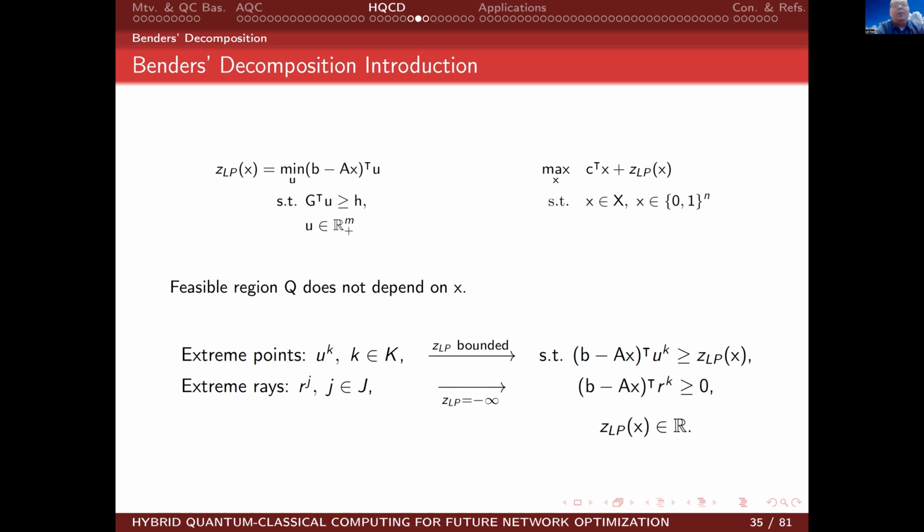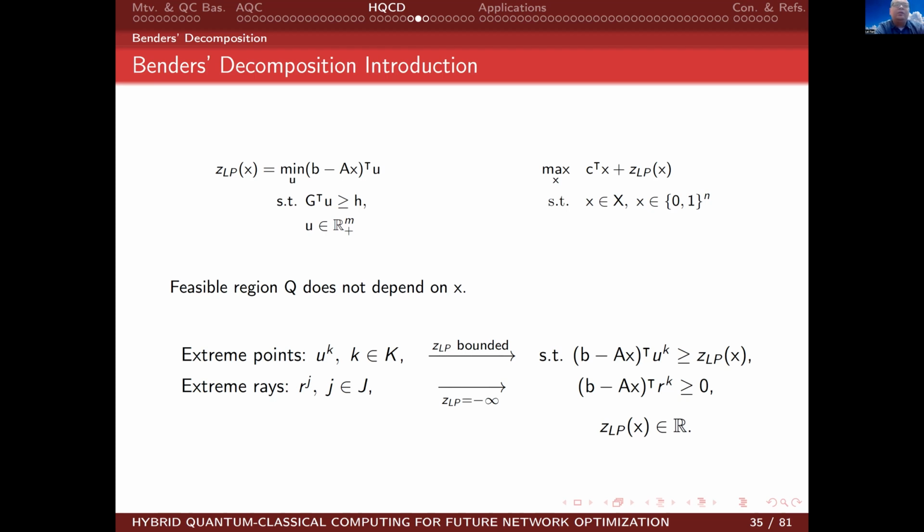It can help us get rid of infeasible integer solutions. When we say infeasible, it means this integer solution will cause the subproblem to be infeasible. So we want to cut off these infeasible points.